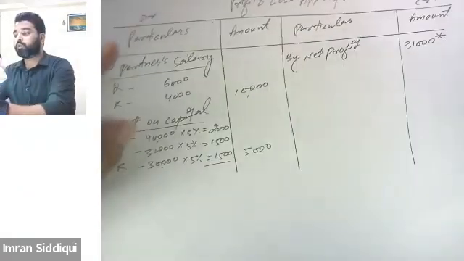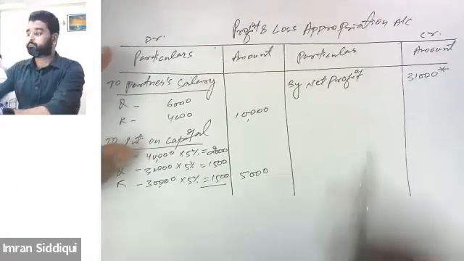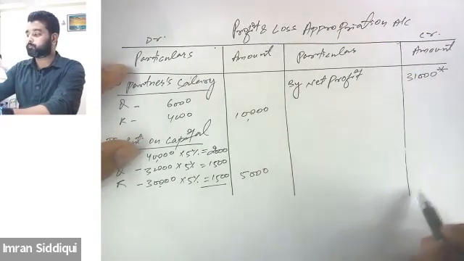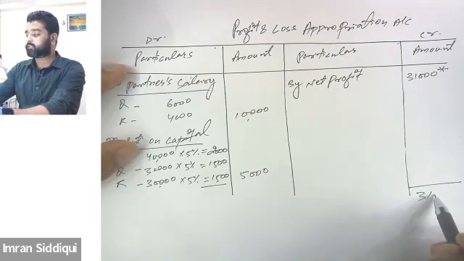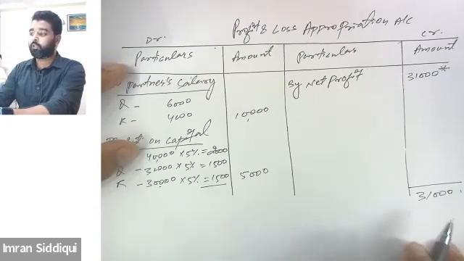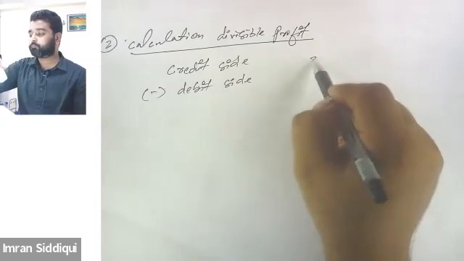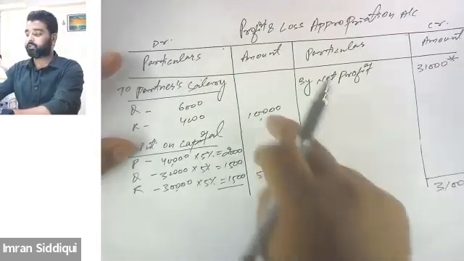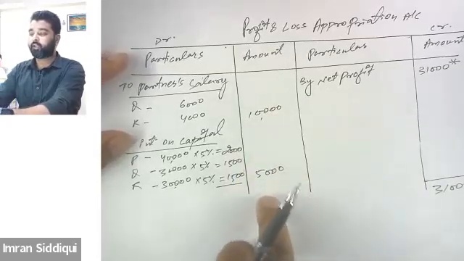See, in the P&L appropriation account, on the credit side, we have only the net profit of 31,000. So the total of the credit side is 31,000. Out of 31,000, we will subtract 10,000 and 5,000.